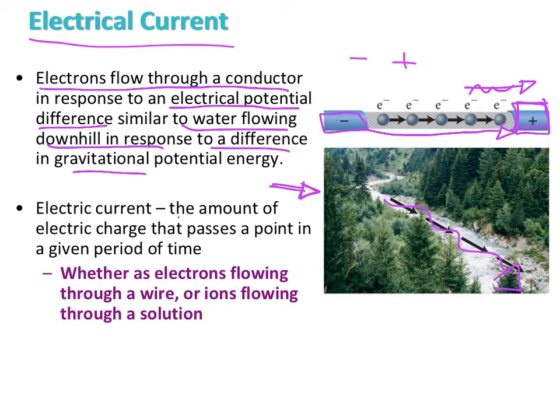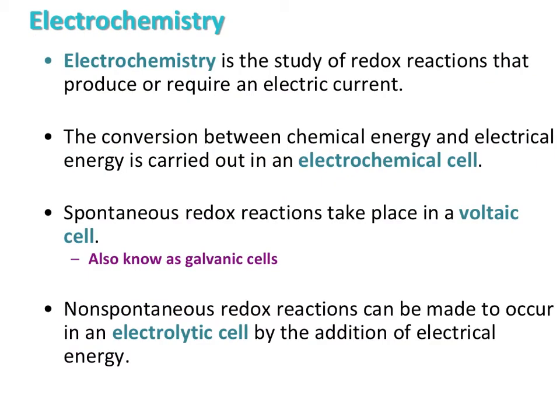Electric current is the amount of electric charge that passes a point in a given period of time. It can be either electrons flowing through a wire or ions flowing through a solution. Electrochem is the study of these redox reactions that we've been discussing that can produce or that require an electric current.